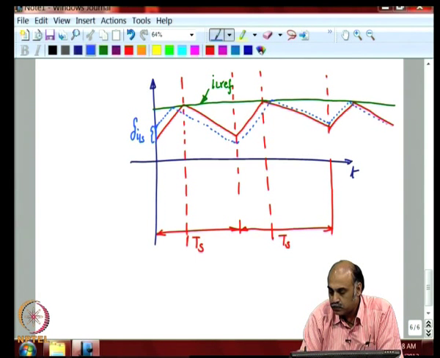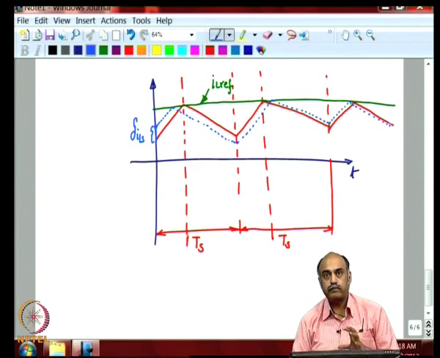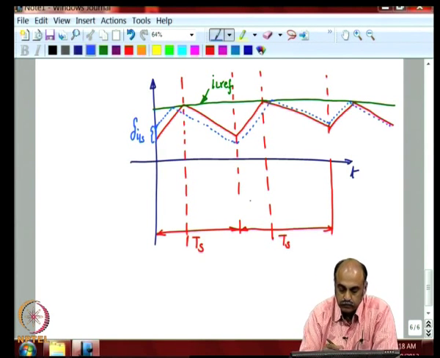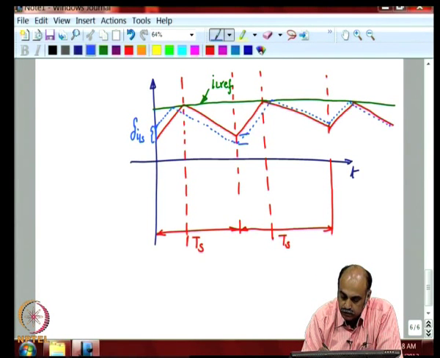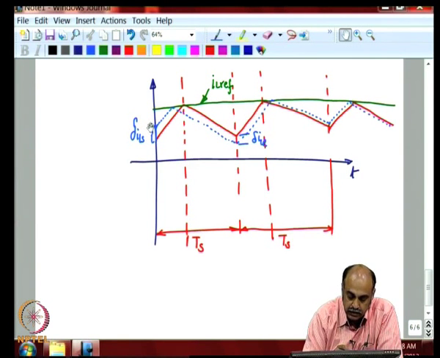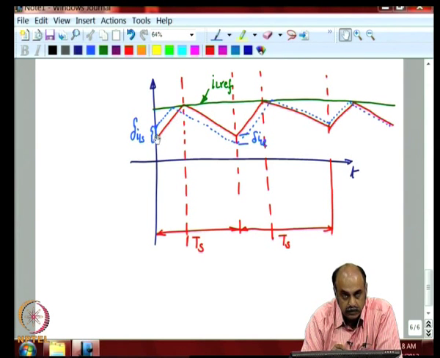and so on. You will see that the perturbation will start decreasing. This would be delta IL, which will be, this magnitude will be less than this magnitude, because the duty cycle is less than 0.5.